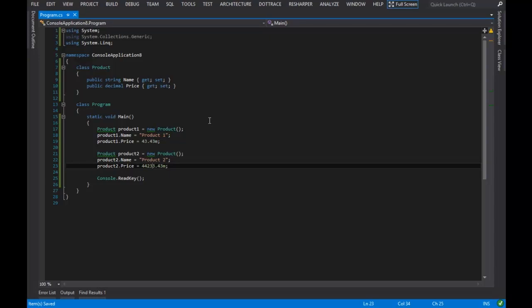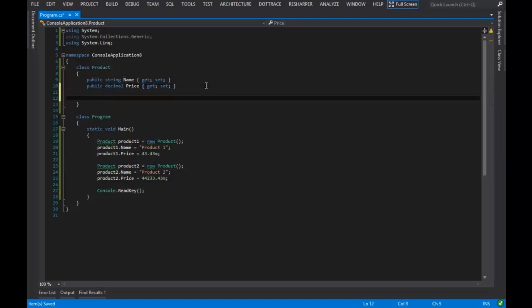Right now, all the members inside of product are instance members, meaning that these members get instantiated along with the objects. So we already have talked about how the fact that this name property is different from this name property. They contain two different bits of data. Well, that's because they're instance.